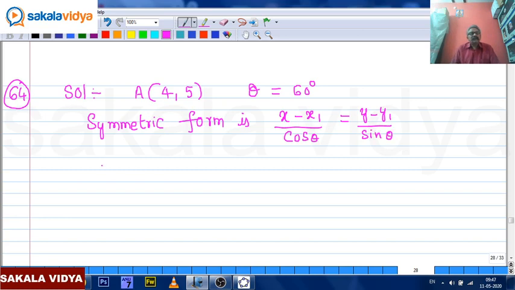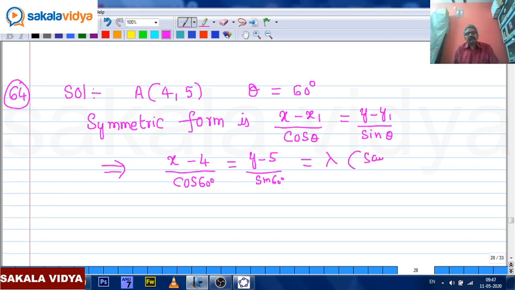Okay, substituting: x1 means 4, so x minus 4 by cos 60 is equal to y minus 5 by sin 60. Say lambda, because the answer is in terms of lambda. We can write x minus 4 equals lambda cos 60.